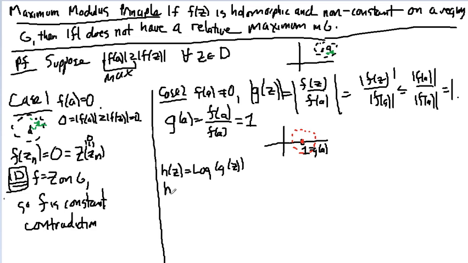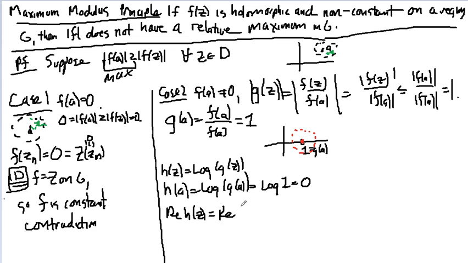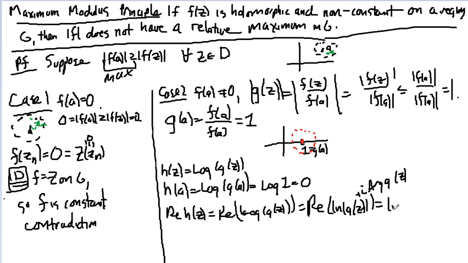So, in particular, h of a is equal to log of g of a equals log of 1. The principal log, that's going to be equal to 0. So I'm also going to want to take the real part of h of z, which equals the real part of log g of z, which equals the real part of natural log absolute value of g of z, plus i argument g of z, equals just natural log of the modulus of g of z.